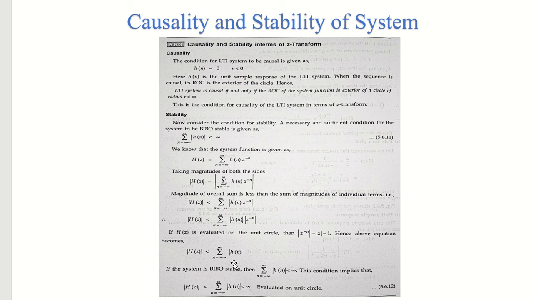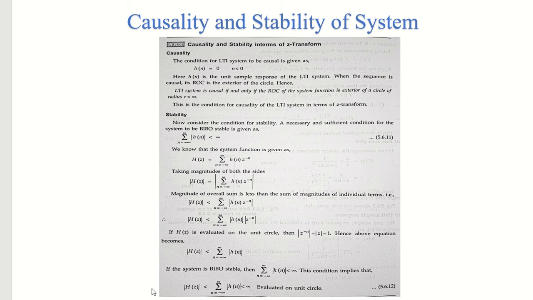If the system is BIBO stable, then the summation n equals minus infinity to infinity of the magnitude of h of n will be less than infinity. And that condition will imply that the magnitude of H of z is less than the summation of the magnitude of h of n, which is less than infinity, which means it is evaluated on the unit circle itself.